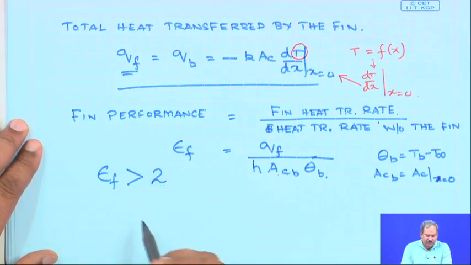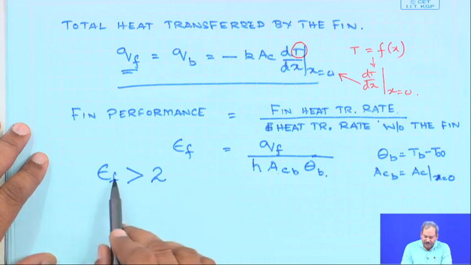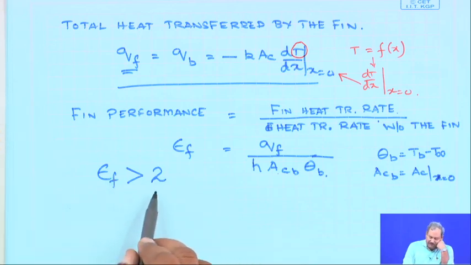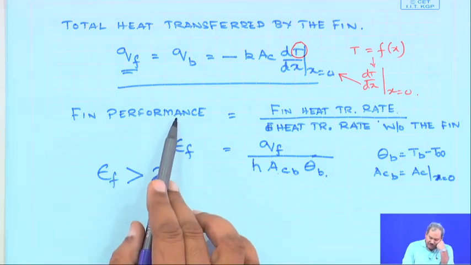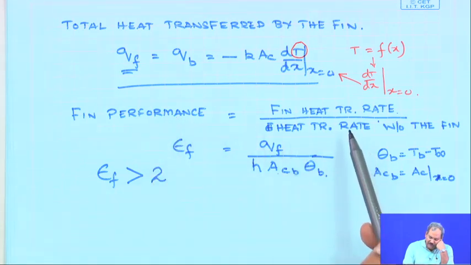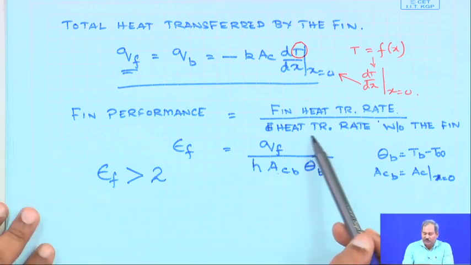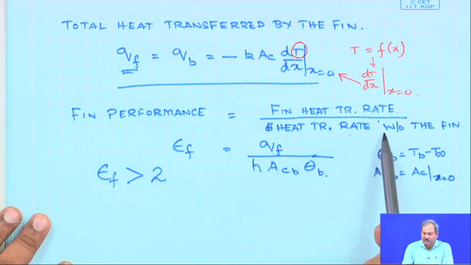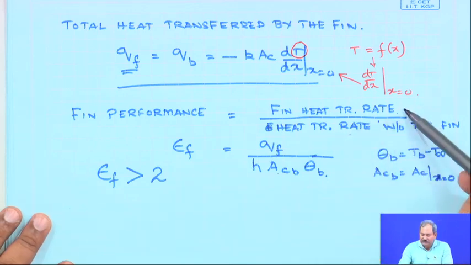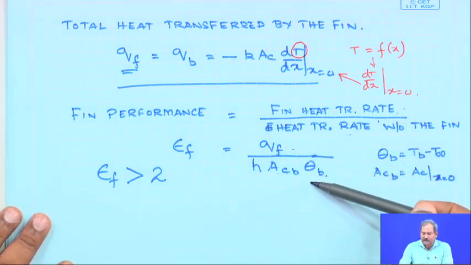As I said, the rule of thumb is epsilon f must be greater than 2. The fin should at least be able to dissipate twice the amount of heat which would be dissipated when the fin is not there. So, this QF must be at least twice the heat transfer rate without the fin.